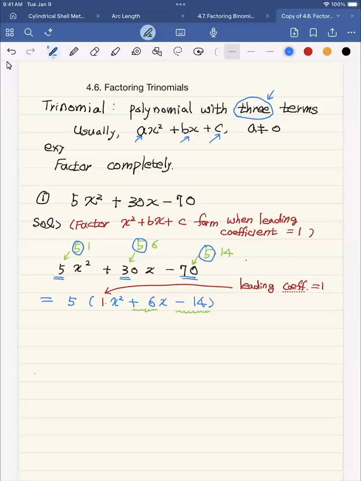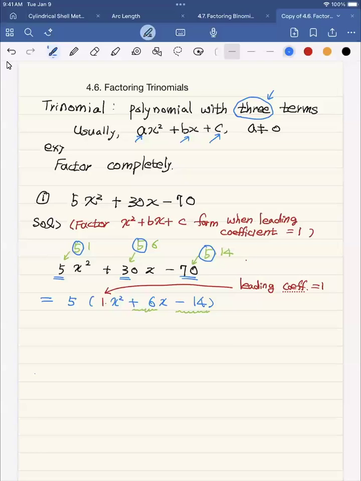What we notice here is the coefficient of the highest degree term is 1. In that case, we have to figure out two numbers whose multiplication is negative 14 and whose addition is 6.